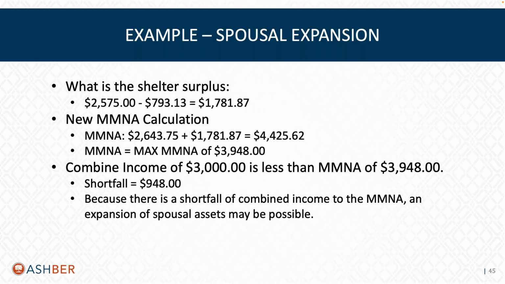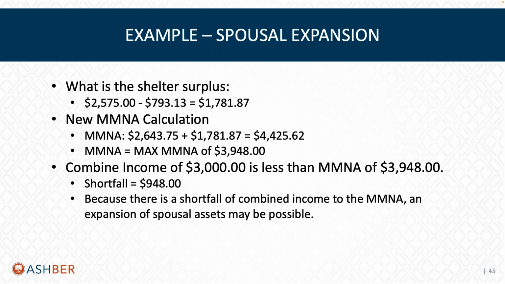And with that being greater than the combined income of both spouses of $3,000, this would be a scenario where they could expand the resource allowance, because that shortfall of $948 needs to be made up. So by requesting a fair hearing, you could potentially provide expansion there. So I think that's pretty much it for the presentation.